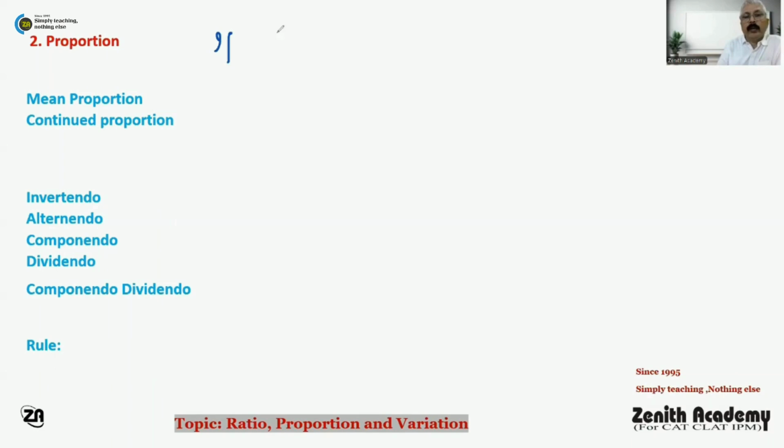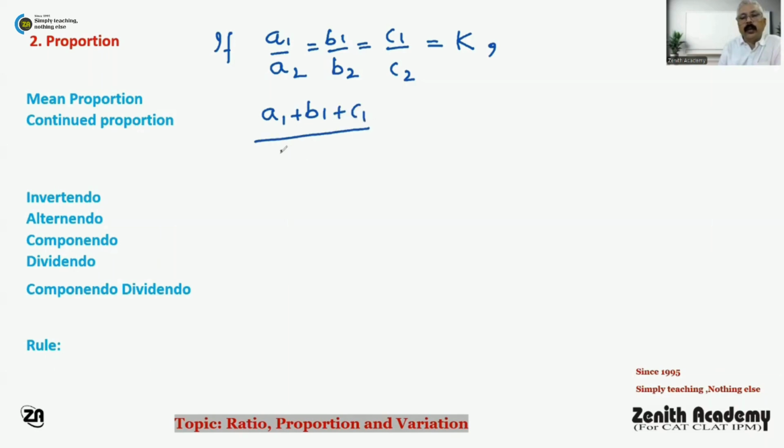If a1 upon a2 is equal to b1 upon b2 is equal to c1 upon c2 like this, and suppose all these ratios are equal to k, then a1 plus b1 plus c1 upon a2 plus b2 plus c2 will equal k.